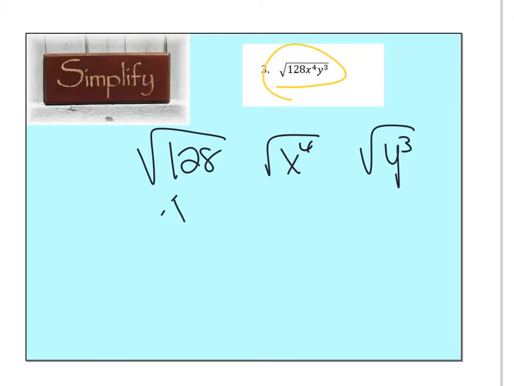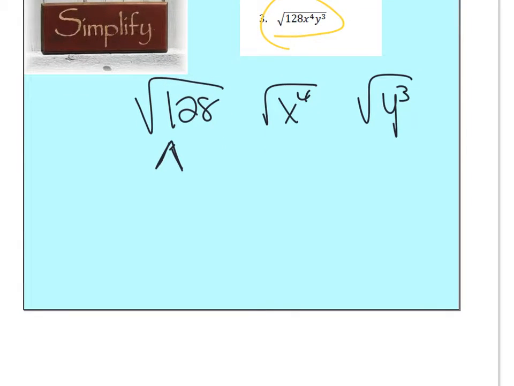So 128, just if I play around with that a little bit, I know 4 works, so 4 and 32. I know 32 can go 4 and 8. You know what? I'm just going to go simpler here and say 128 is going to be 16 and 8, so I can go 4 again.